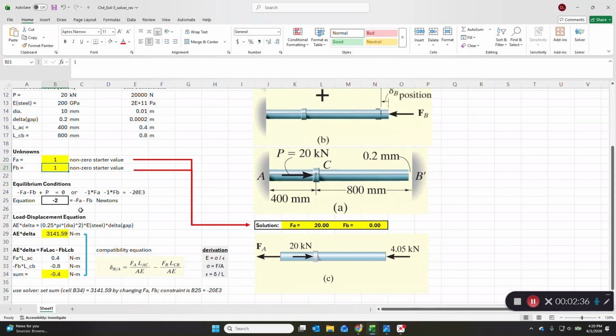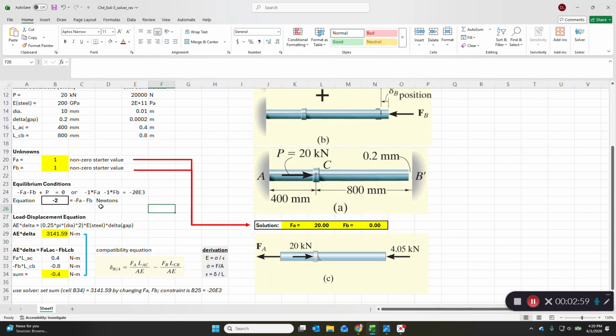So we happen to know that F_A, the reaction at A, is pointing to the left, minus the reaction at F_B, which is also pointing to the left. So that's minus F_A minus F_B, plus the load P, which is given, pointing to the right, should equal 0 due to equilibrium. That's highlighted here with my cursor and mouse.